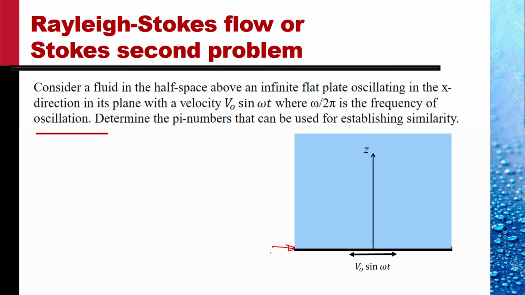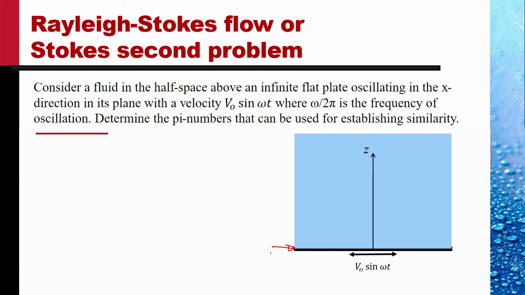Because of the no-slip condition, the fluid adjacent to the plate starts moving, and as it moves, it causes shear stress on the rest of the fluid, and the effect of the movement of the plate penetrates upward. But soon the direction of motion changes, so everything reverses.